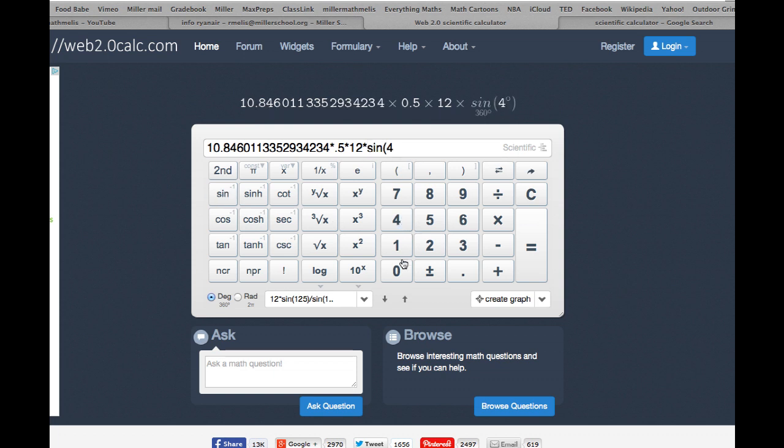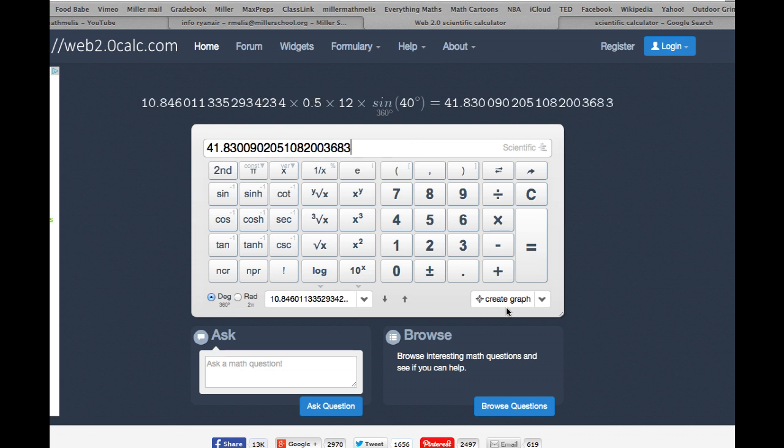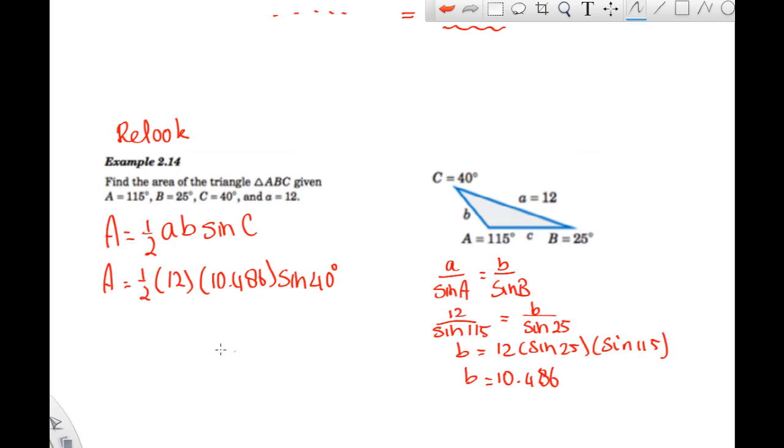I'm not even really using the rounded figure. I'm using exactly what the calculator told me. So in this case, I get 41.83 for my final answer. And I believe that was the same answer that Mr. Mac gave us. They did not give me units, did they? So it is units squared. Okay? And that's it for all of the notes for this section. Thank you.